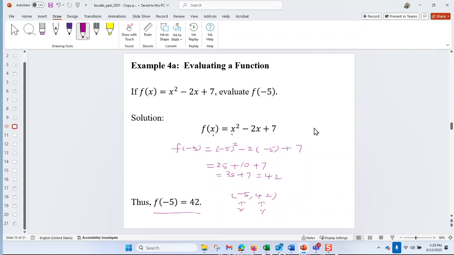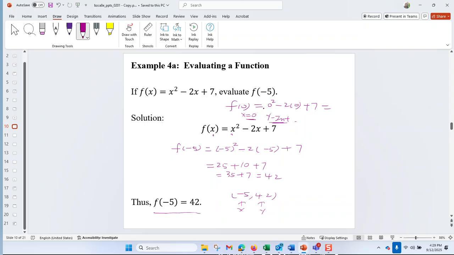And if I want to find f of 0, how do I find it? F of 0 means when x equals 0, how much is the y value? This is called the y-intercept. When x is equal to 0, find the y value, that's the y-intercept. This one will be 0 squared minus 2 times 0 plus 7. Replace x by 0.